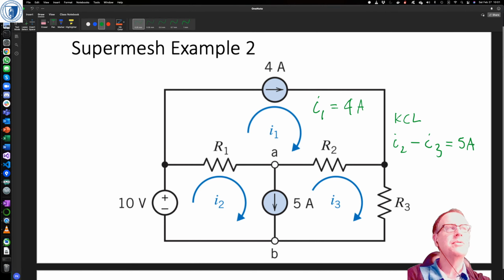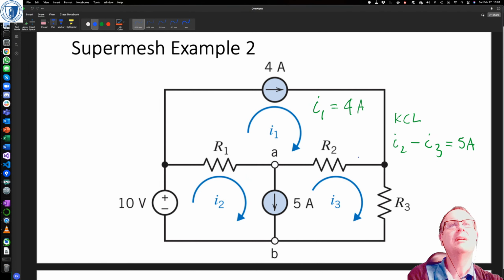We have three unknowns in this, I1, I2 and I3. That means we need three equations. We've found two of them. Thankfully, one of them was really easy. I1 equals 4 amps is an equation. It's just a really easy one. So the most complicated equation now, and I should have done this before, is to figure out what the polarities are.